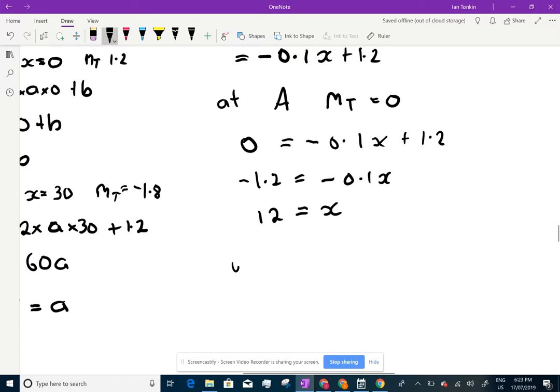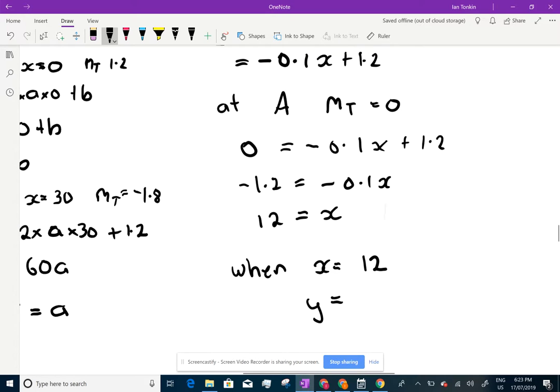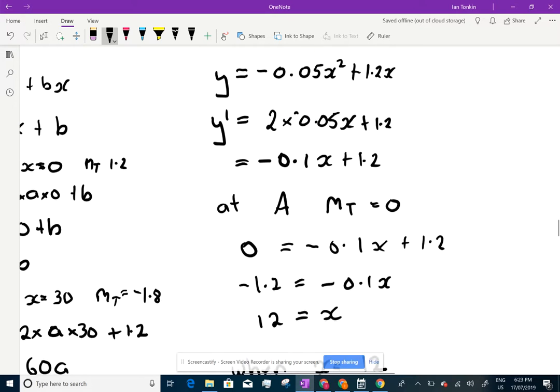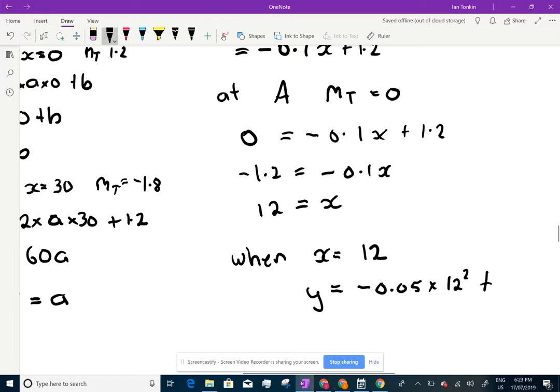So when x equals 12, y equals, well, let me have a look, negative 0.05 times 12 squared plus 1.2 times 12.